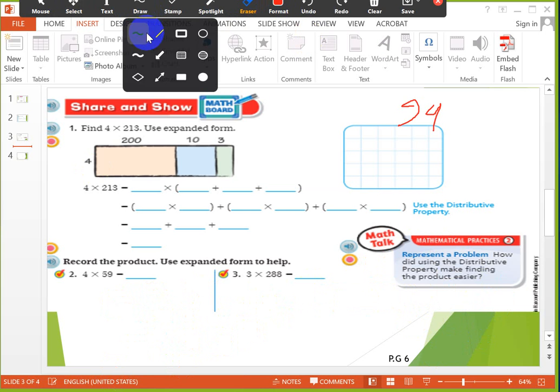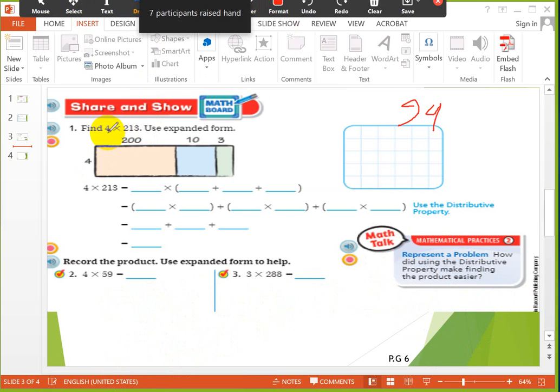Okay, now I want to multiply 4 with 213. So I have to write the 213 as an expanded form. So first thing, 4 multiply 213, I will write 4 right here and multiply it by the expanded form for this number.